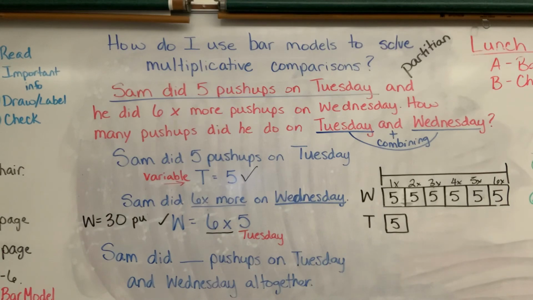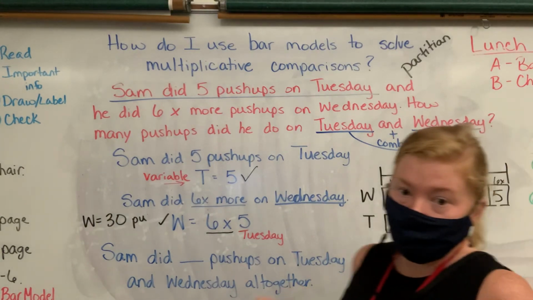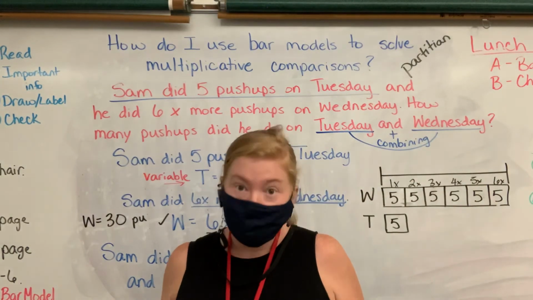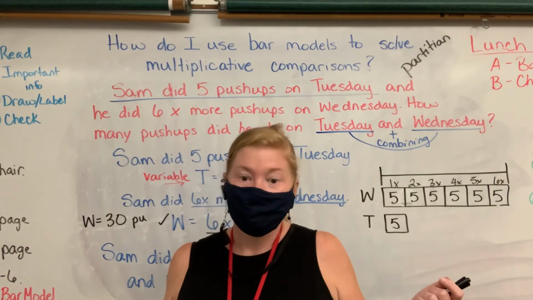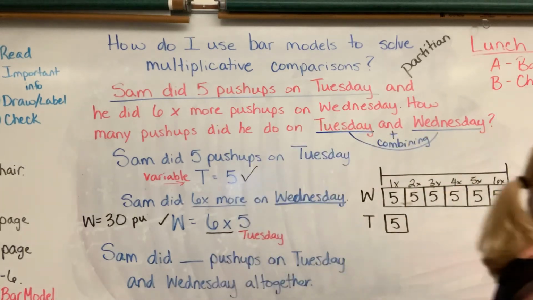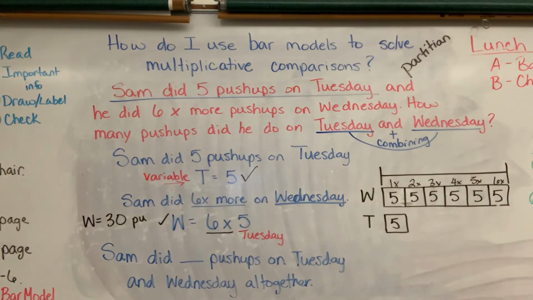Add. Say 30, and then add 5 more, which is Tuesday. And that would give me a grand total of? 35. Give me a label. 35 push-ups. So we have 30 plus 5 more is 35.